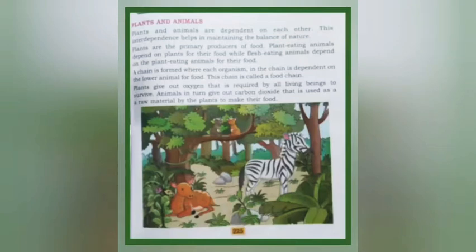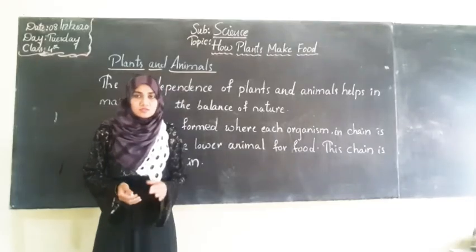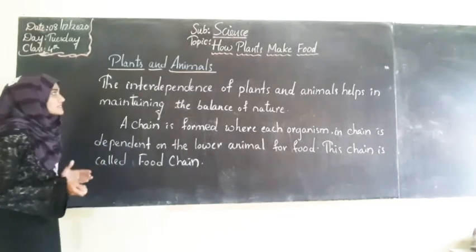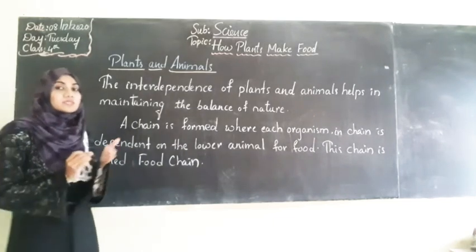This chain is called a food chain. Plants give out oxygen that is required by all living beings to survive. Animals, in turn, give out carbon dioxide that is used as a raw material by the plants to make their food.